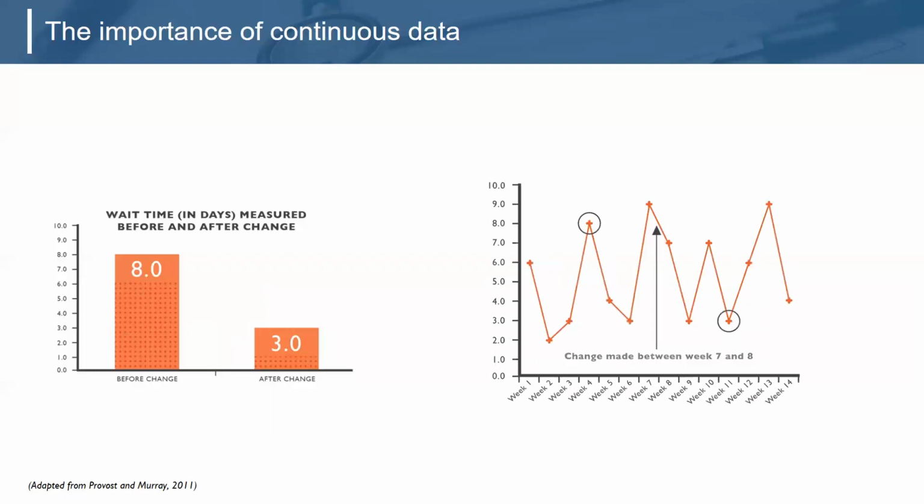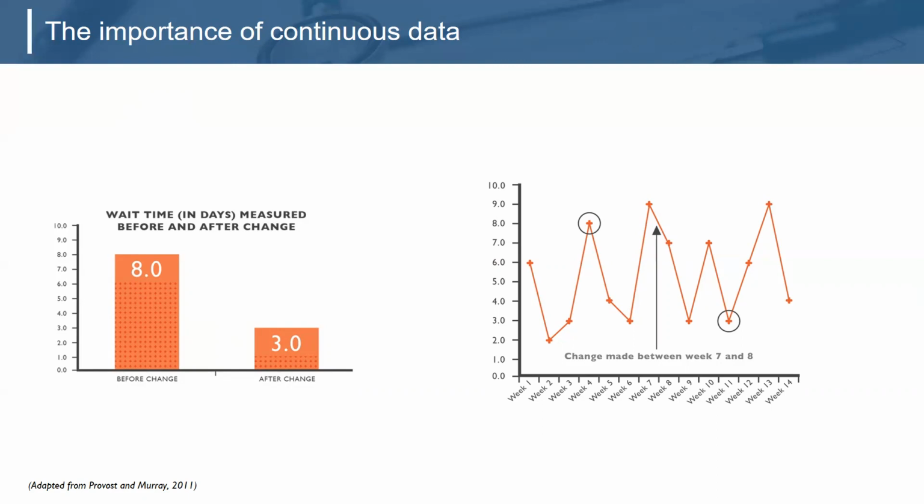By looking just at this data, you would think that they did a great job and lots has changed. However, if you look at it as continuous data, you'll see that the data didn't really shift at all. The 8 was the top of the continuum, and 3 was at the bottom. The data every week seems to go up and down within that grid, between 8 and 3 days.